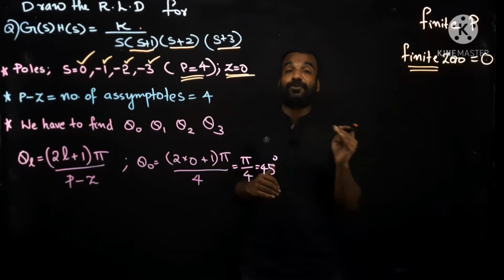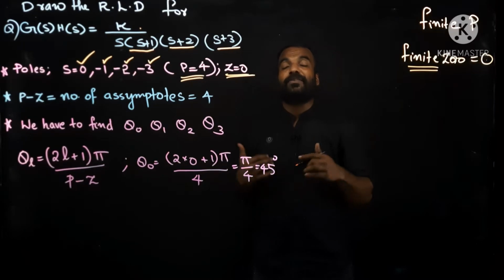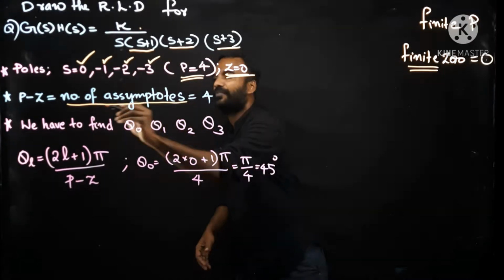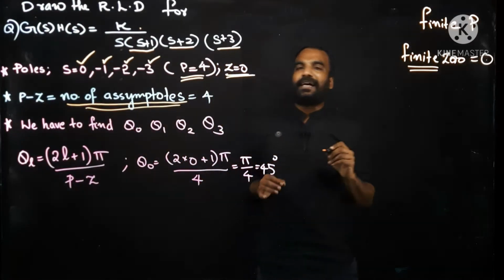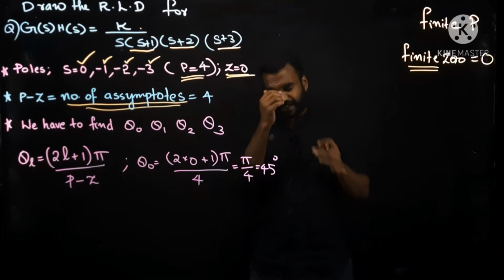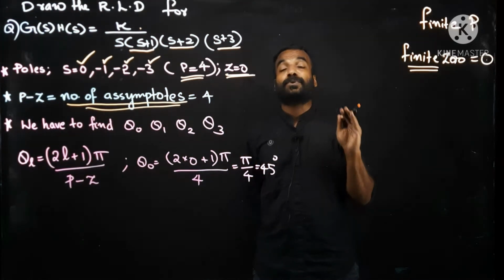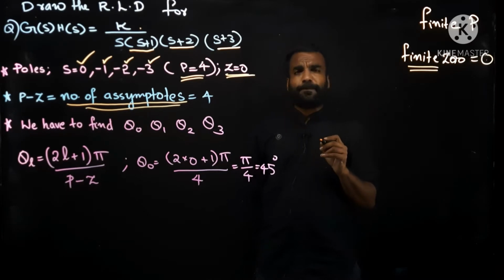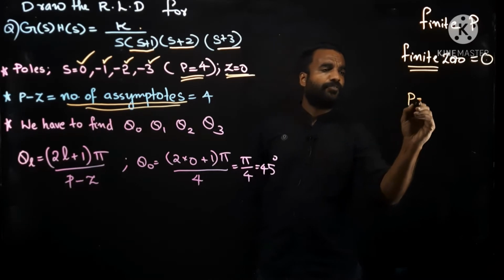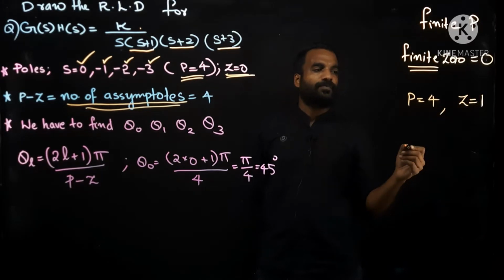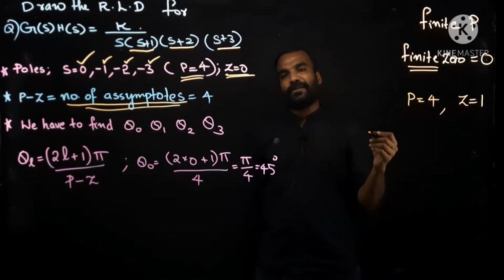How can we fly to infinity? For giving the direction to infinity, we need asymptotes. Asymptotes are the direction lines to infinity. Suppose I have 4 finite poles and 1 finite zero. What happens?